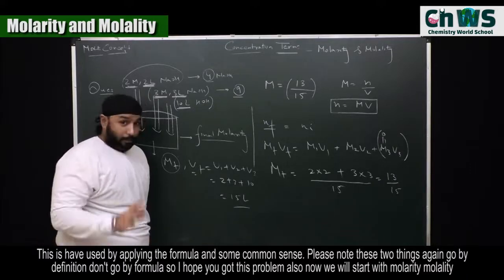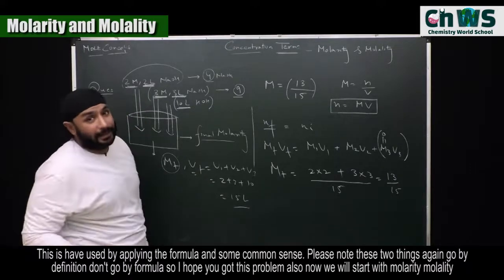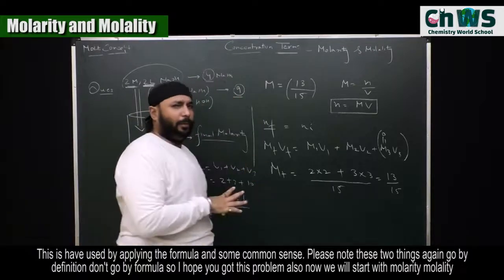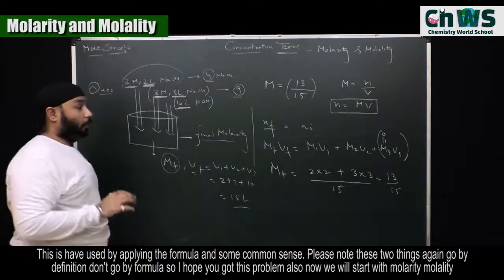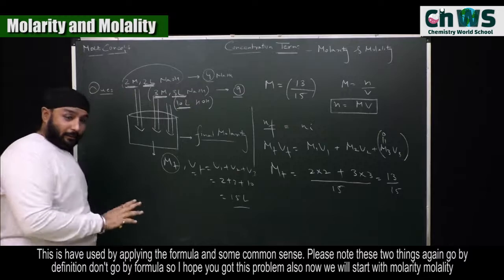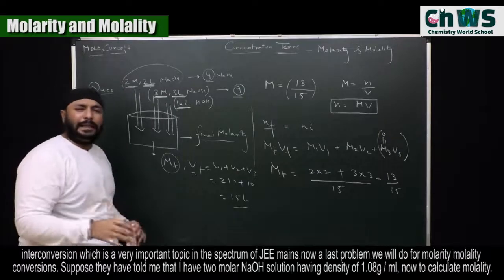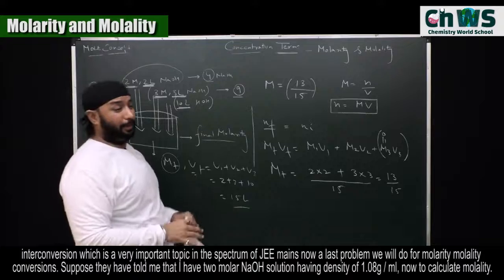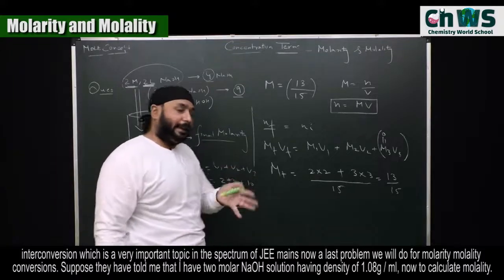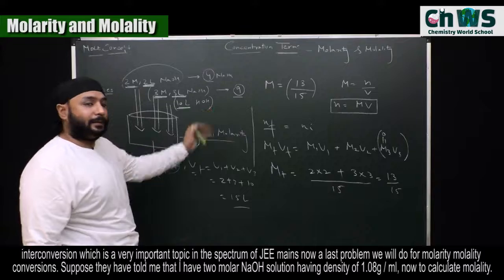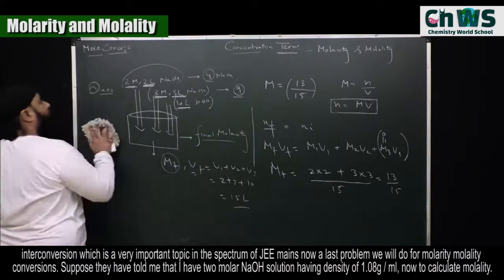Please note these two things. Again, go by definition, don't go by formula. Hope you understood this problem also. Now we'll start with molarity interconversion, which is a very important topic from the perspective of JEE Mains. This is the last problem we will do for molality conversions.